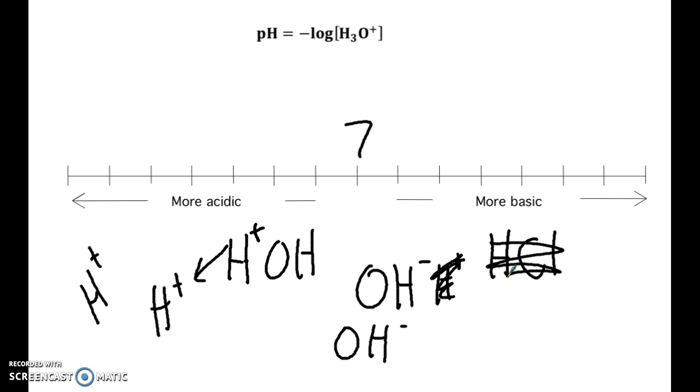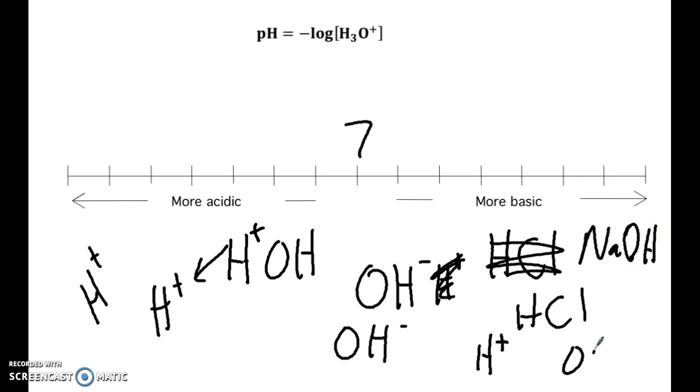But when you put hydrochloric acid in here and the hydrogen comes off, now you've thrown it out of balance and you've added more hydrogens. Or conversely, if you add sodium hydroxide and it has OHs coming off, then now you've tipped the balance in favor of the OH. So pure water is always going to be 100% neutral at 7.